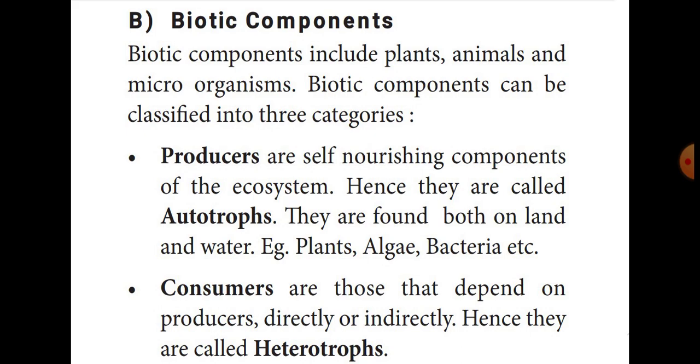Biotic components have three categories: producers, consumers, and decomposers. Producers prepare their own food, for example plants, algae, bacteria. Consumers depend on producers directly and indirectly.